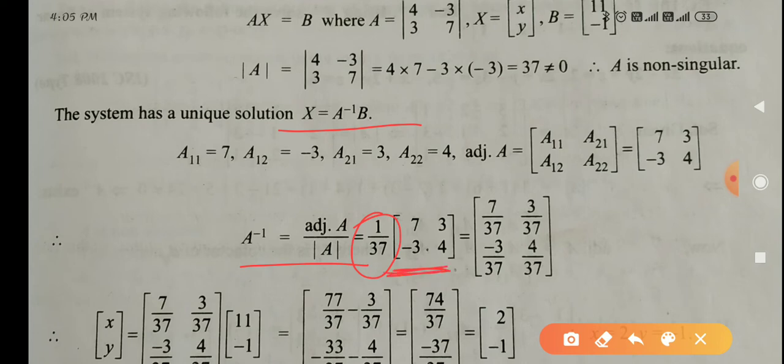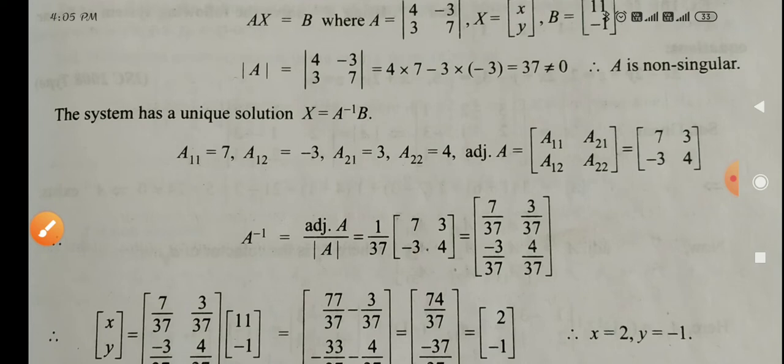For adjoint A, you interchange the elements of the principal diagonal, 7 and 4, and change the sign of the other elements, because it is a 2 by 2 matrix. After finding this you divide each element by 37, so it is coming A inverse. Now you can put the value of A inverse here.